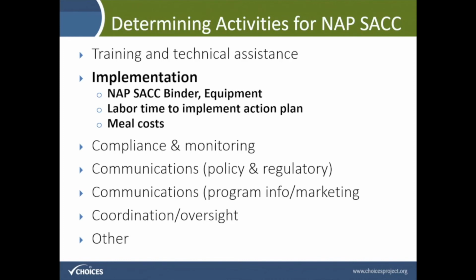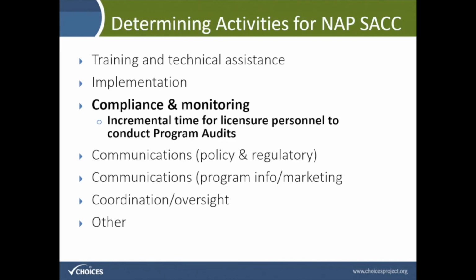And you can imagine, these activities are going to take some labor time of the ECE program directors in order to implement. And another category of activities would be compliance and monitoring, and that would be likely carried out at the state level by QRIS administrators.